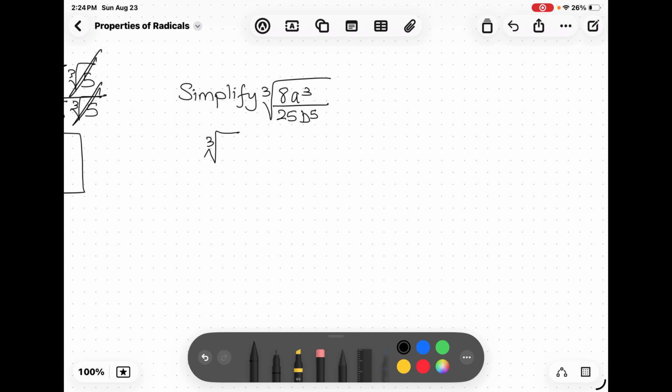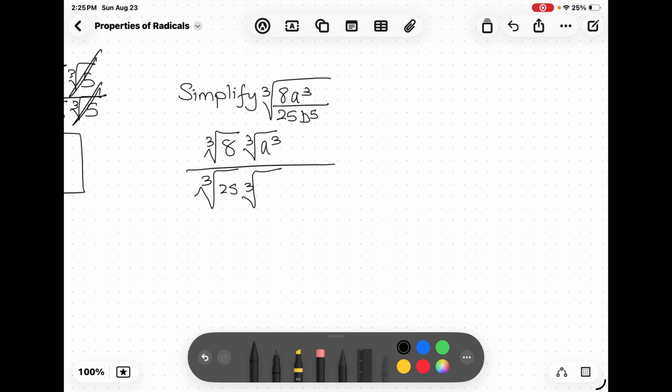So cube root of 8. Oh, look at that. Cube root of a cubed. Bingo. And then here, cube root of 25. And okay, I have the b to the 5th. How about that? Are you thinking about that?